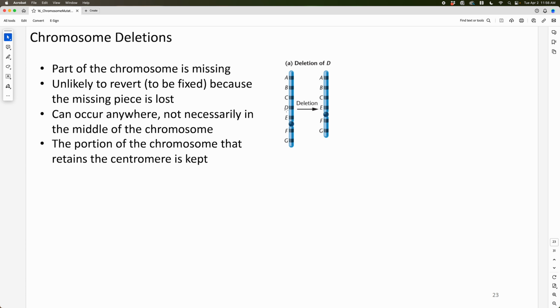So in this case, we lost a relatively small portion. If that portion was larger, it might be genes C, B, and A. We would still retain the portion that has the centromere because this is, again, important for cell division. We have to have that centromere in order for our homologous chromosomes to match up and align and go through cell divisions.